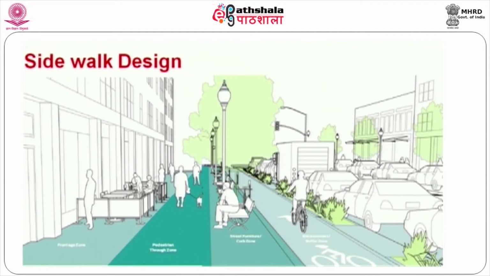At this point, because there are only 2 lanes, people tend to think that the road will be congested and will automatically shift to either non motorized transport or public transport for faster movement. Now I'll get on to the sidewalk design.